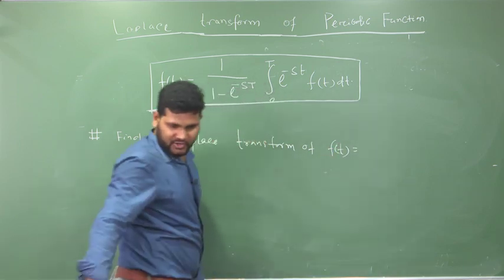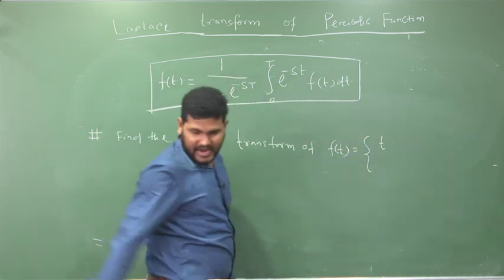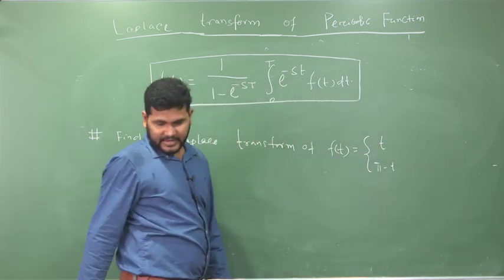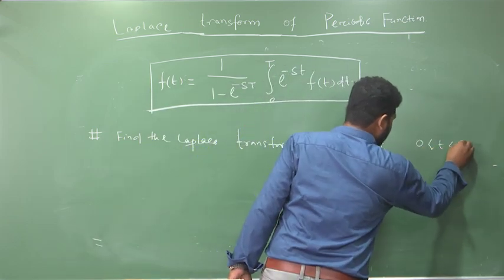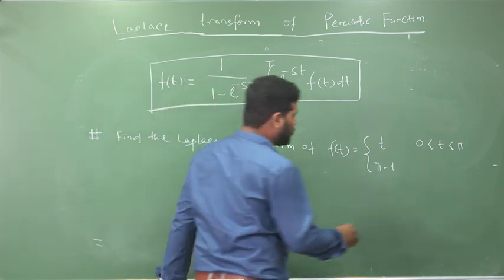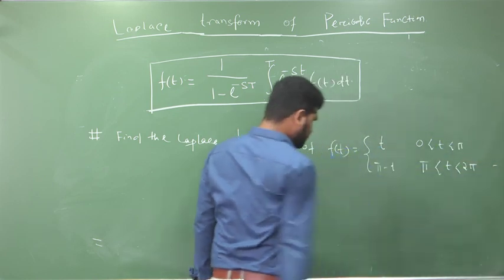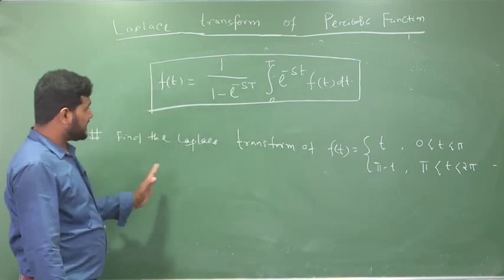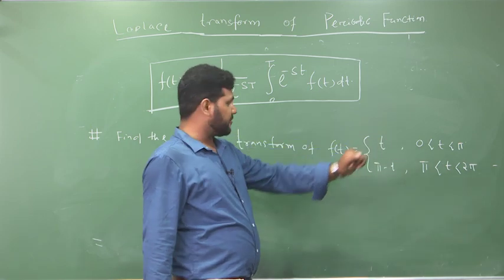I am writing the functional behavior: t, and another thing is there, pi minus t. t is from 0 to pi, and next pi minus t is from pi to 2 pi. Well, the function is designed in this way, and you notice this is a periodic function.